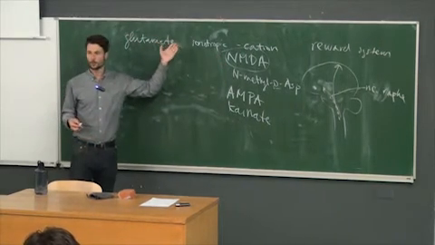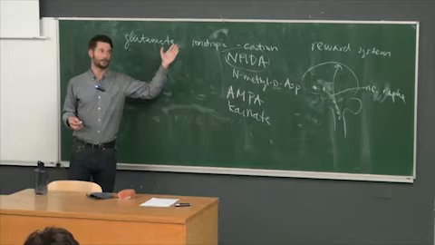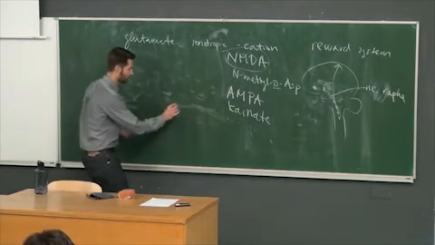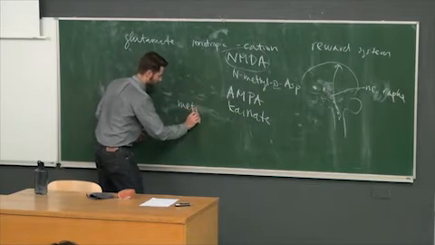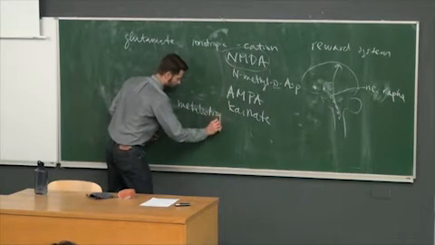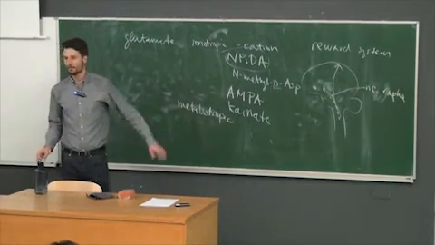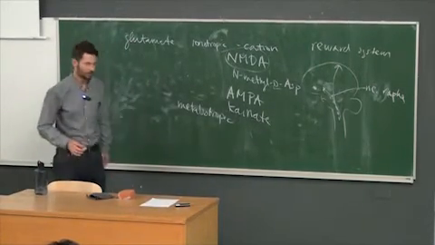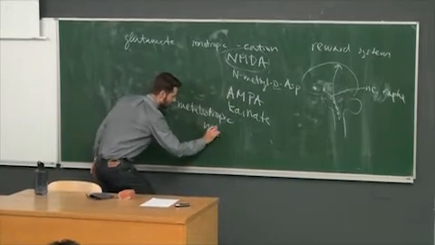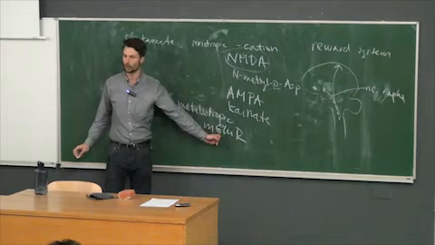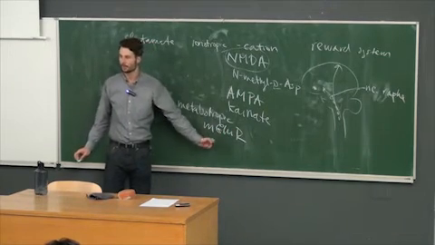But then, since we talked about ionotropic glutamate receptors, we also need to say something about the metabotropic. I'll probably write the term down. There are many different subtypes of metabotropic glutamate receptors. They are usually abbreviated like this, mGluR, metabotropic glutamate receptors.